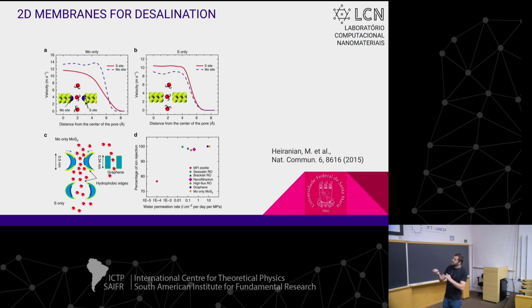So you see, depending on the structuration of the pore, you're going to have different transportation states. That's the idea. And here we have a showcase that if you have different terminations on molybdenum disulfide, you can achieve transportation rates that are close to graphene, actually.